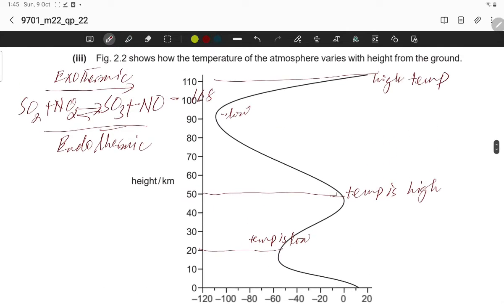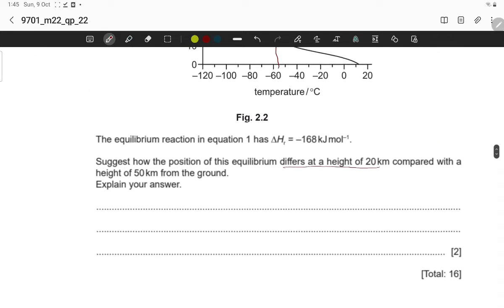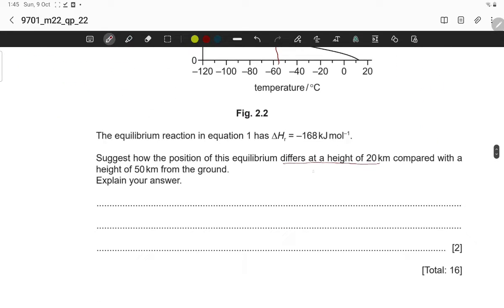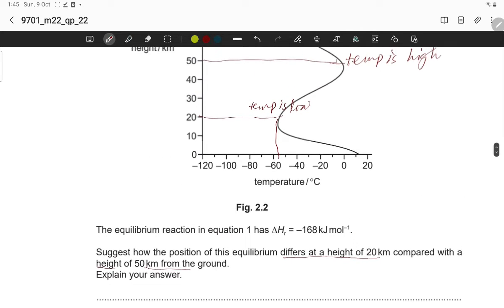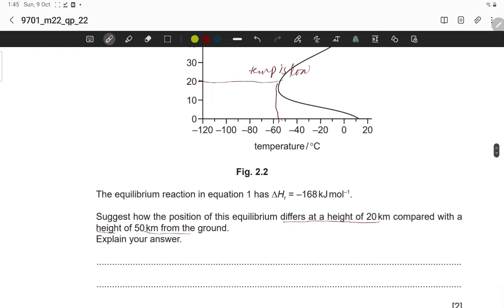And look at the temperature: at 20 kilometers temperature is low. As we have discussed earlier, at 20 kilometers temperature is low and at 50 kilometers temperature is high.